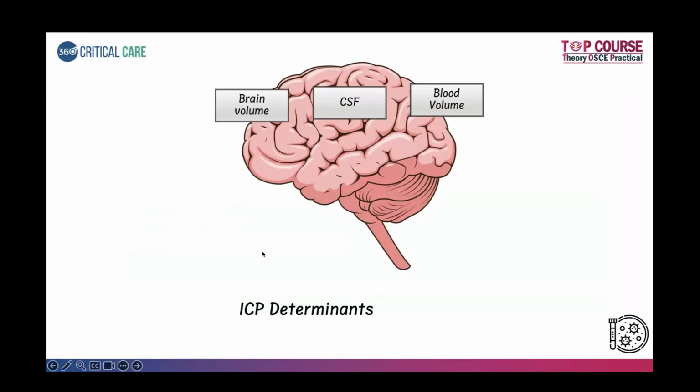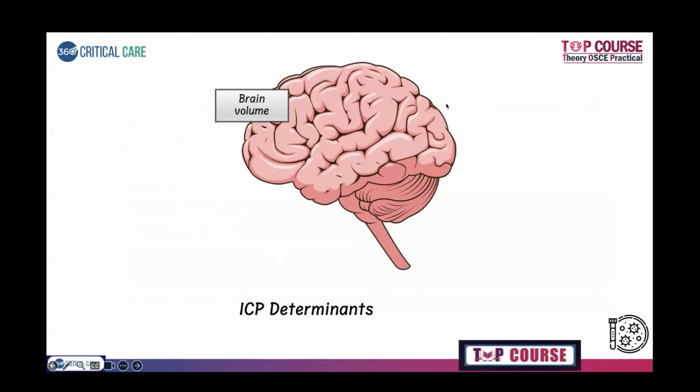So ICP determinants: there are three factors, brain volume, CSF, and blood volume. Brain volume means the mass of the brain, but there can be additional masses such as tumor, blood, cysts, abscesses, etc. that can increase the brain volume.